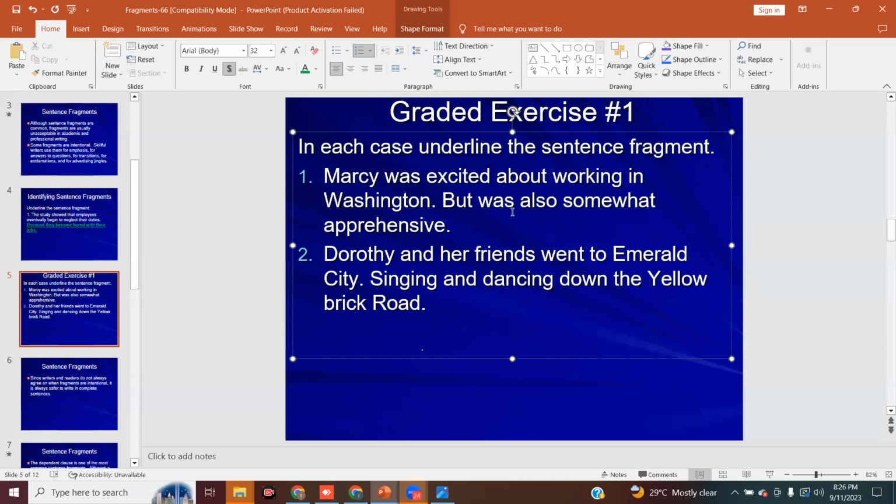All right, so in each case, underline the sentence fragment. Mr. Petit, could we also underline the sentence fragment? That's what I said. In each case, underline the sentence fragment.